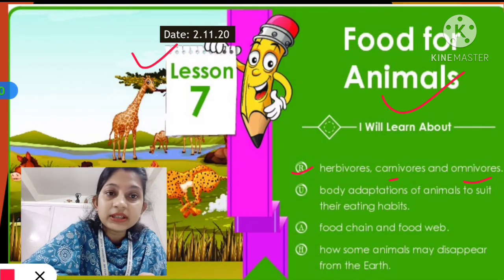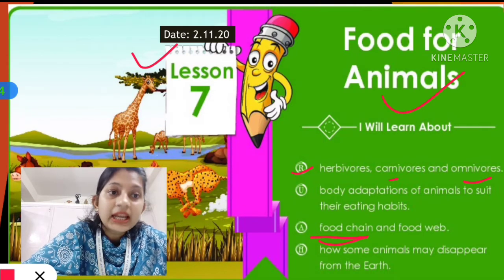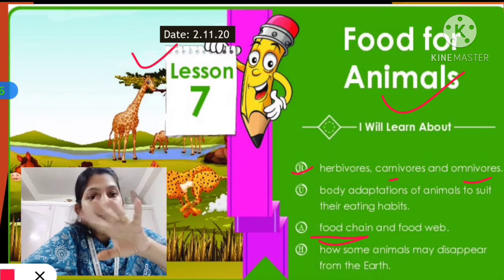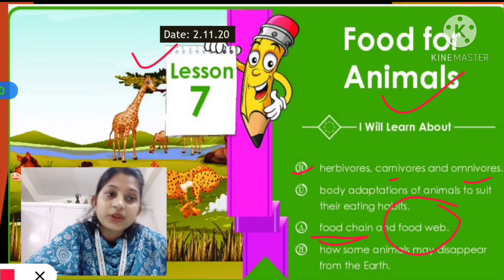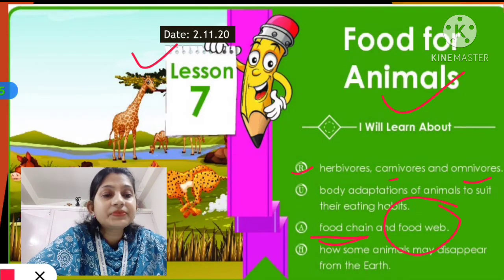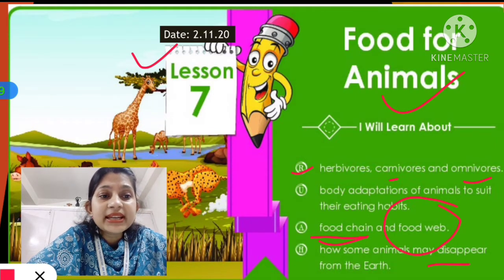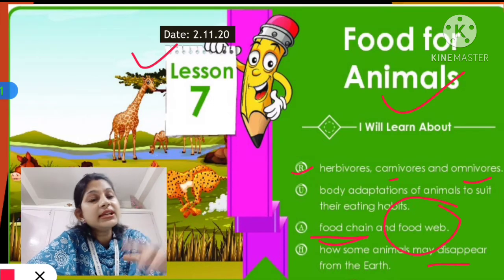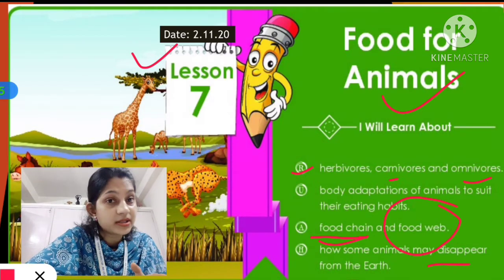Later we will learn about the food chain and how these various food chains are interlinked to make a food web. And in the last part of the chapter, we will learn about some animals which may disappear from earth. So these are the things which should be clear to you when we complete this chapter.